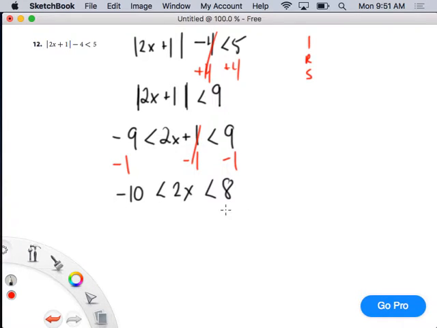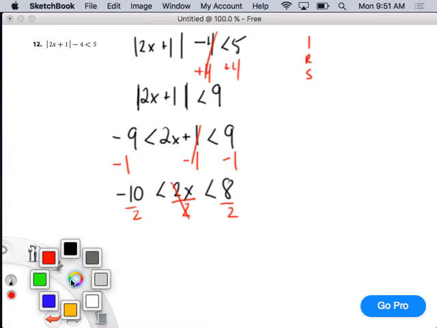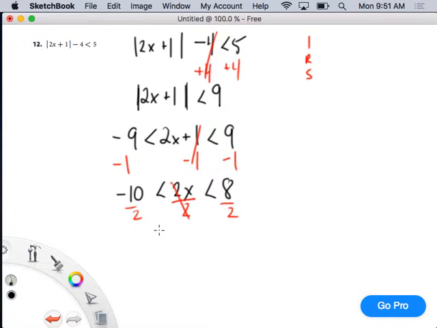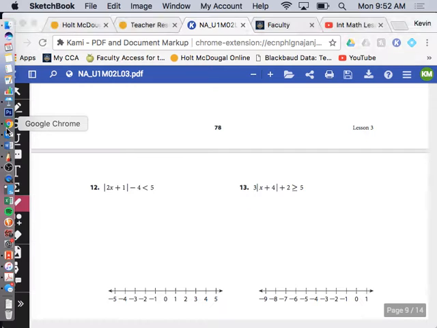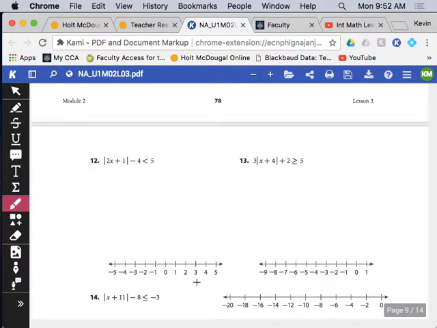Next step, divide by 2. Okay, this is then negative 5 is less than x is less than 4. Then it asks us to graph it.